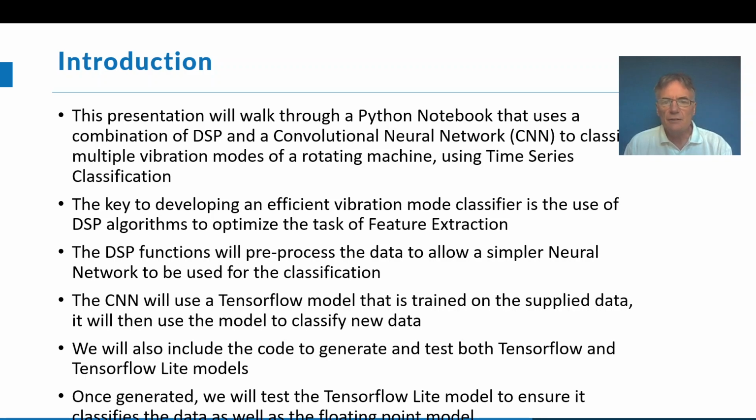The key to developing this code to run efficiently on an embedded processor is the use of the DSP algorithms to optimize the task of feature extraction. So we're basically going to simplify the features that the neural network can then classify.